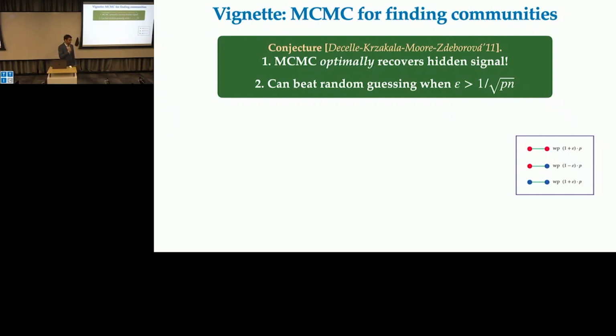Yeah. So something you said clarified things for me. I just want to make sure I'm thinking correctly. So the model is everybody gets a hidden color. That's ground truth, hidden away. Then the graph is created according to p, and the 1 plus epsilon times p and 1 minus epsilon times p. And that's what's revealed. Now, there is a well-defined kind of optimal thing to do.